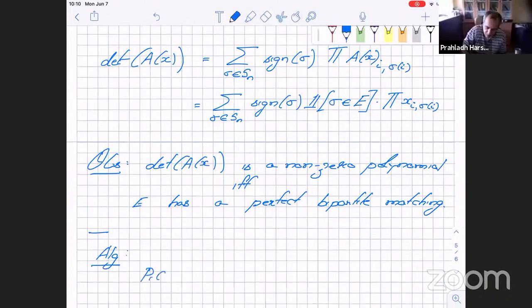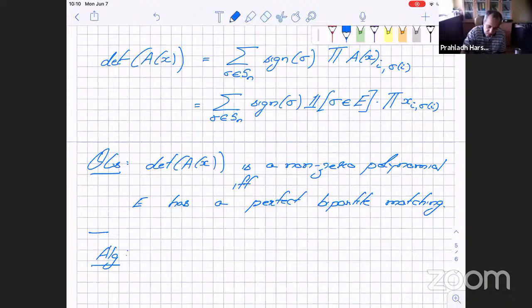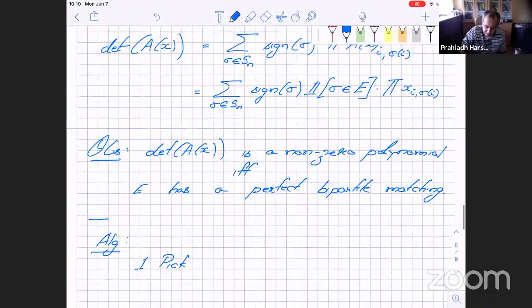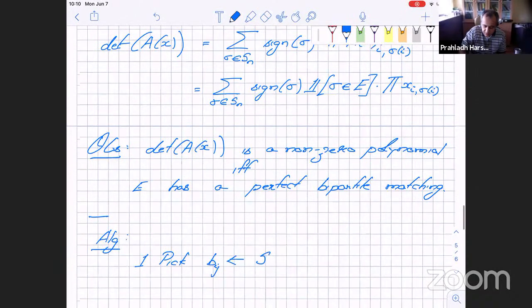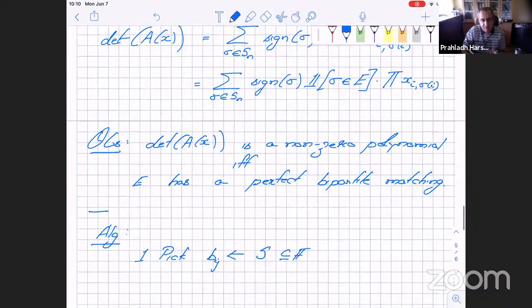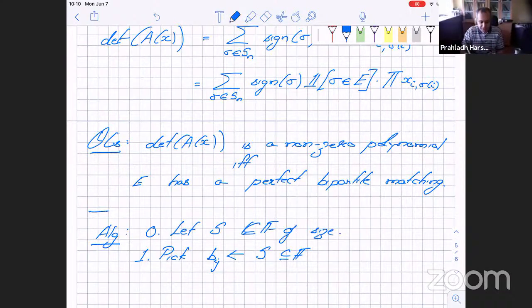Let's pick B_ij at random from S, which is a subset of a field F. We'll figure out how large a set S has to be later on.